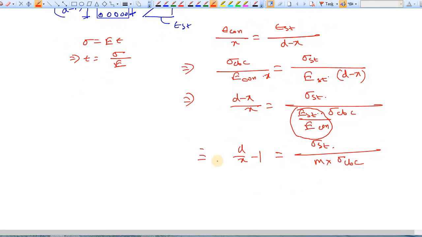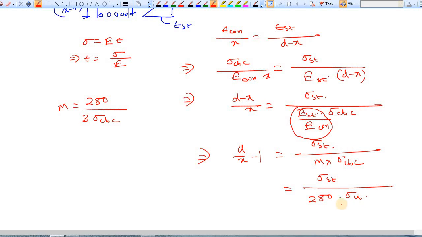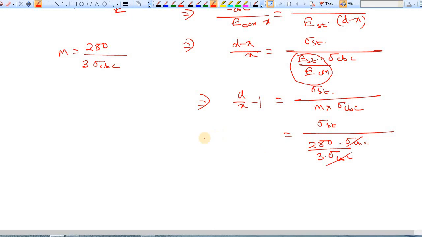Or again as per code m is given as 280 divided by 3 times sigma CBC, so replace it, you are getting sigma ST divided by 280 times sigma CBC divided by 3 sigma CBC. Cancel them and you are getting d by x minus 1 is equal to 3 times sigma ST divided by 280.